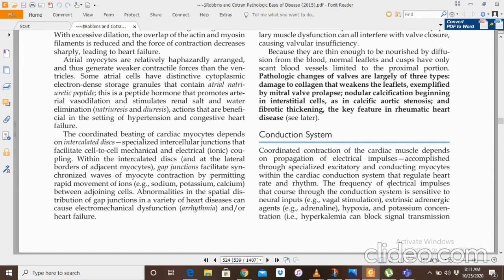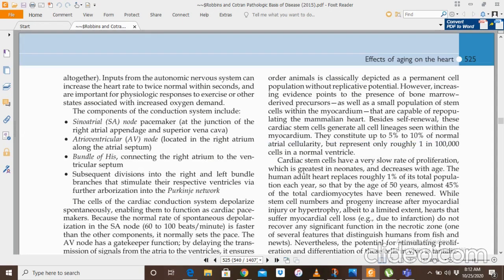The frequency of electrical impulses that course through the conduction system is sensitive to neural inputs such as vagal stimulation, extrinsic adrenergic agents such as adrenaline, hypoxia, and potassium concentration, where hyperkalemia can block signal transmission.